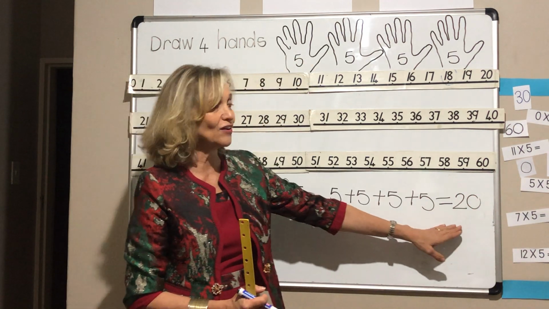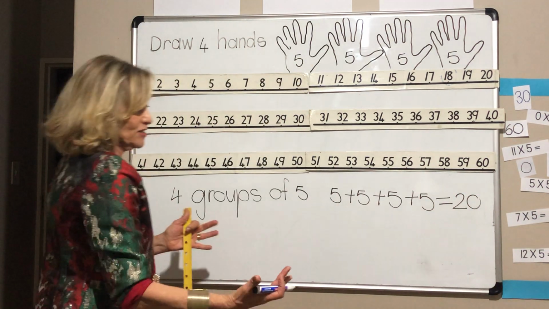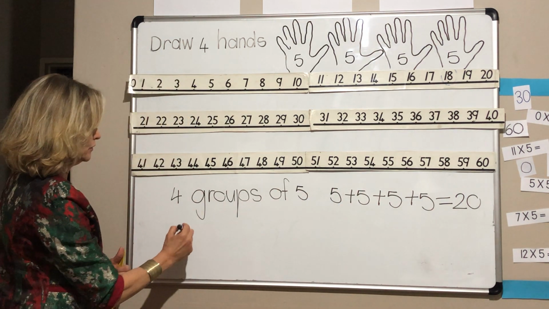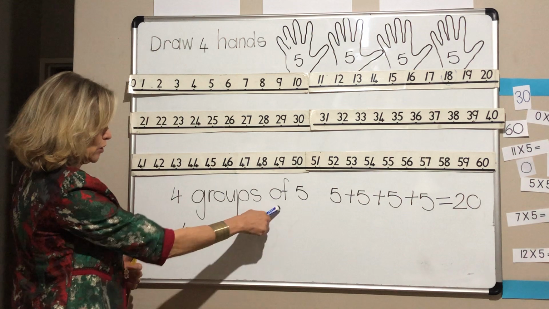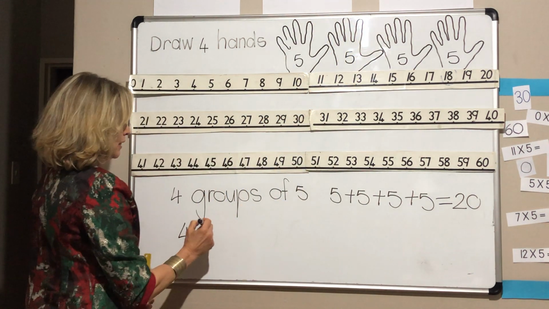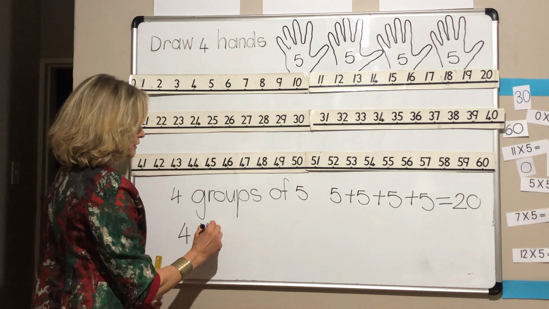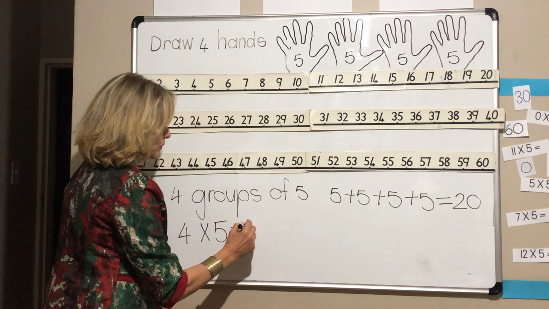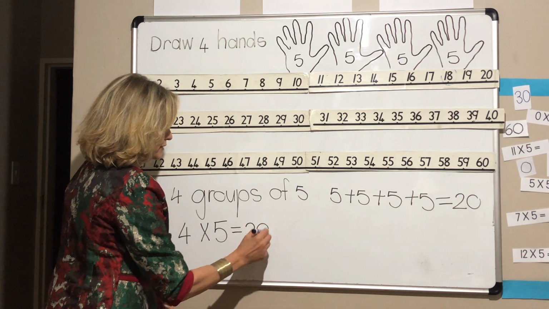If we have to carry on adding groups, best we say, well, what do I see there? 4 groups. 4 groups of, and instead of groups of, I just say times. So I say 4 times 5 equals 20.